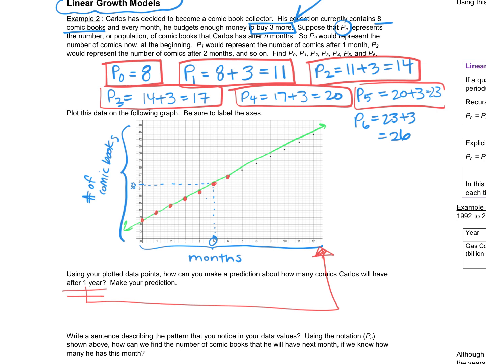But it's looking like at month number 12 we are going to be right below the 45. So we'll be at about 44 if it continues that trend. So we think that he'll have 44 comics.